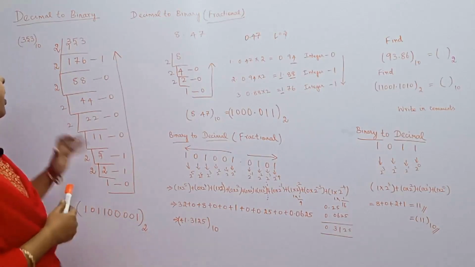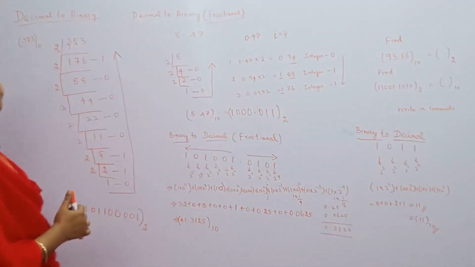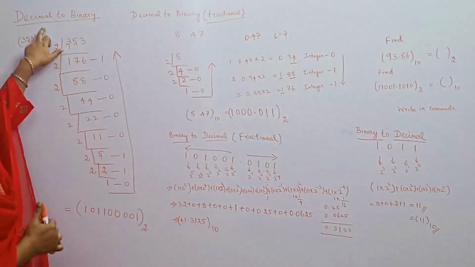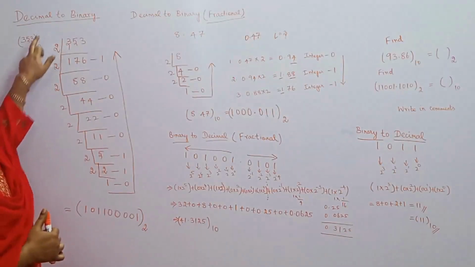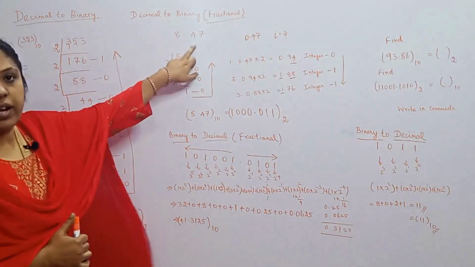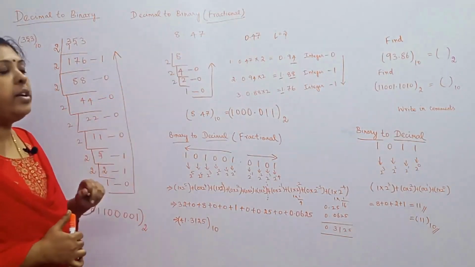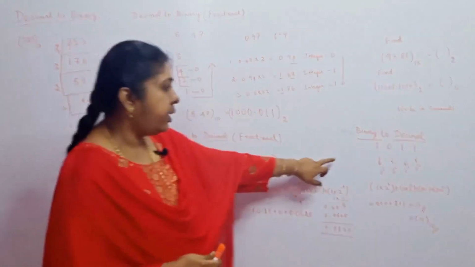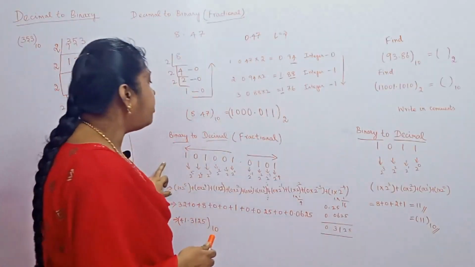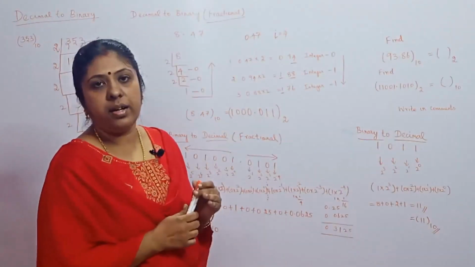Once again I am consolidating all those points. Today we discussed decimal to binary as an integer number and as a fractional number, and then binary to decimal as an integer number and binary to decimal with the fractional number.